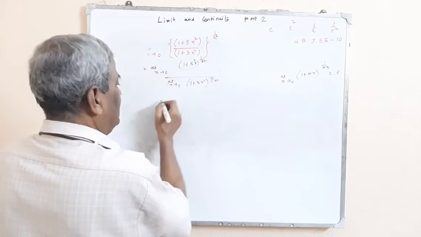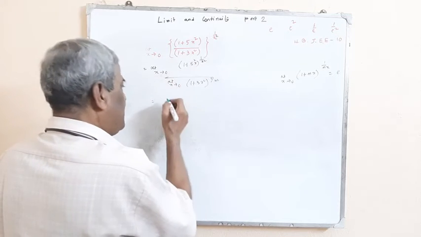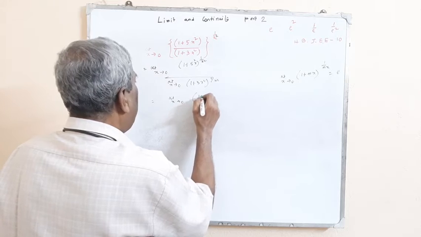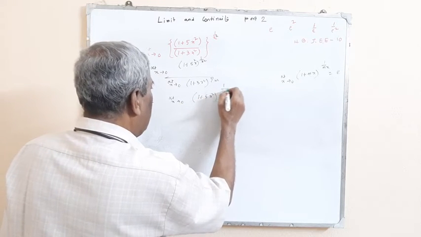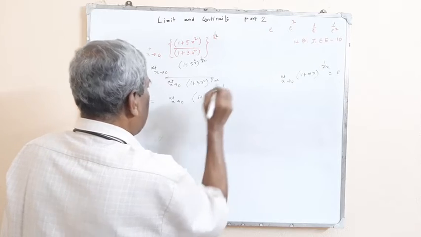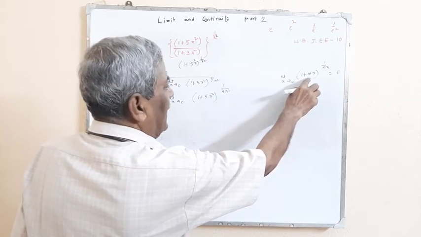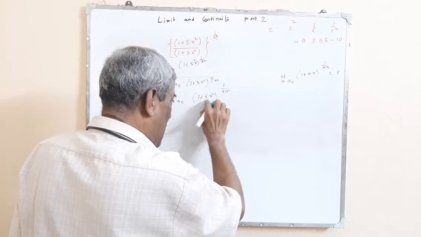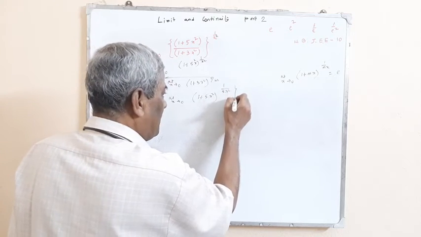Now, this one is of the type as x tends to 0, x square tends to 0. So, limit x tends to 0, (1 plus 5x square) to the power 1 by 5x square, because to avail the formula, it must be 1 by that. Now adjust.